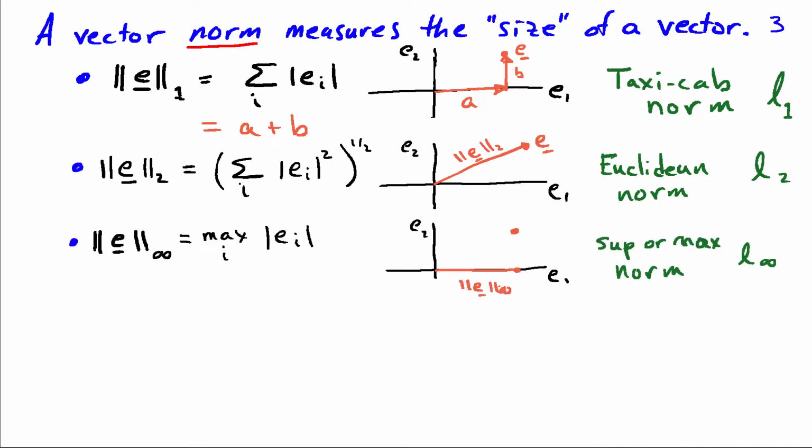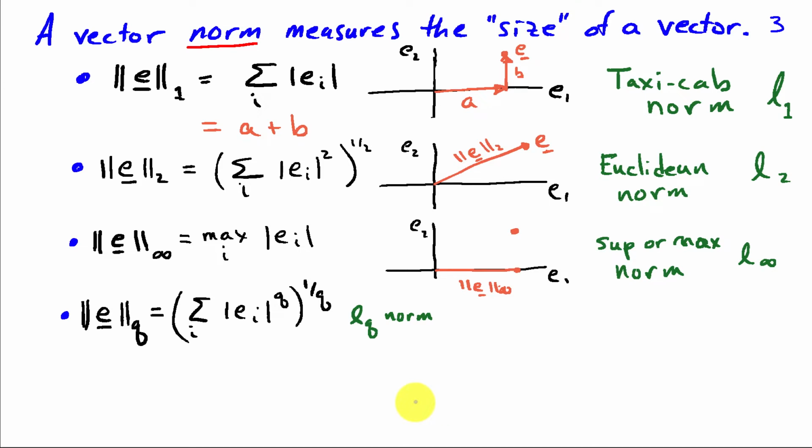We can also define an L infinity norm, which is given by the max over all the elements of the absolute value of each component. If we look at some point here, which is E, then the max coordinate is going to be along the horizontal axis, and that'll be the L infinity norm, sometimes also called the sup or the max norm.